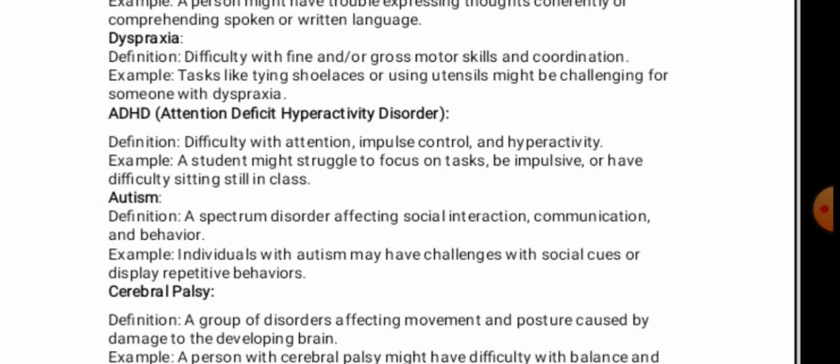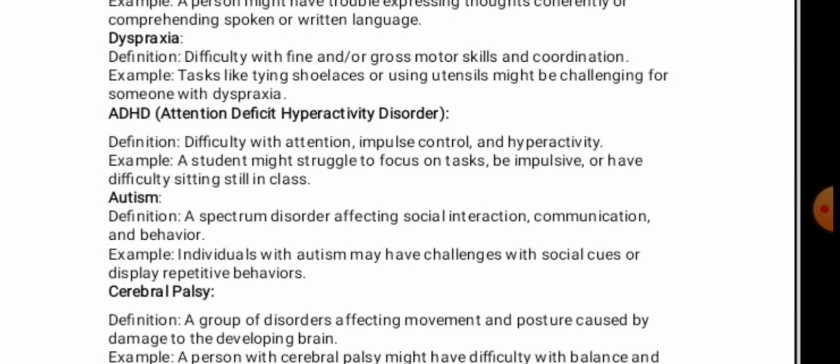But when we are running a race, when we are riding a bicycle, when we are swimming, the type of muscles we are using are gross muscles, all right? So those who have problems in coordinating, correlating fine motor with the gross motor skills, they have the problem called dyspraxia.